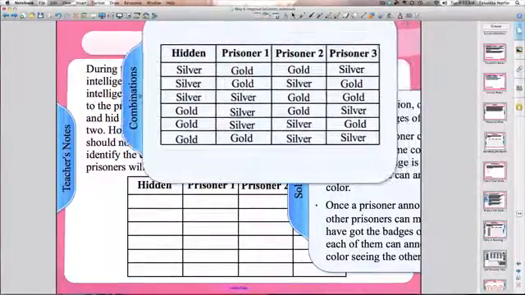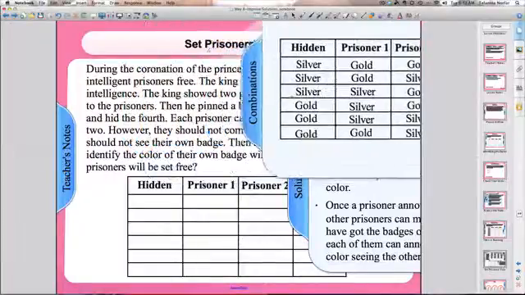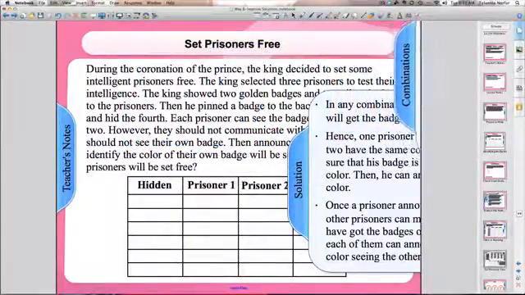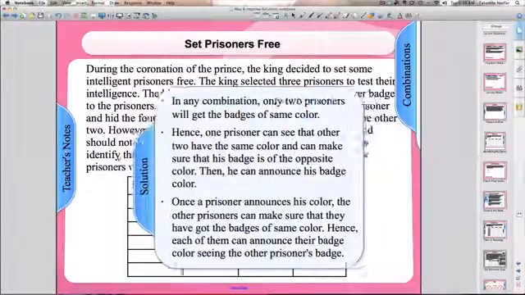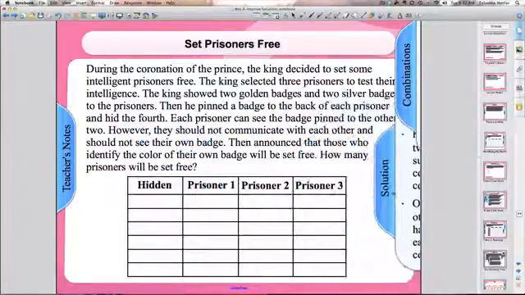Make sure you have paused the video until you have written down all of the combinations. Now let's look at the solution. Unpause the video when you're done reading the solution. Congratulations if you came up with the same solution.